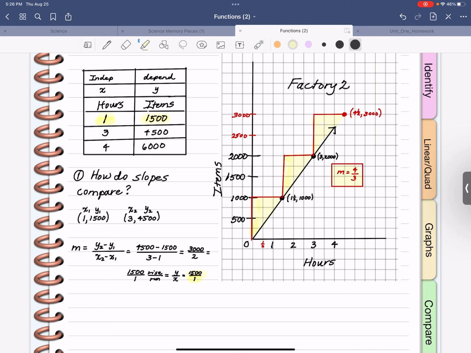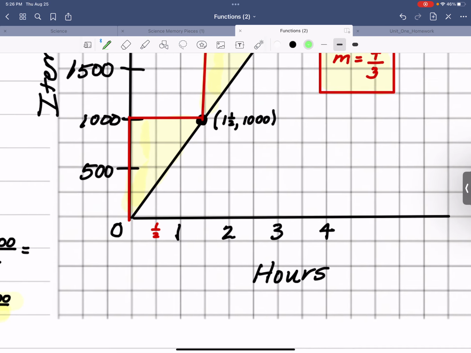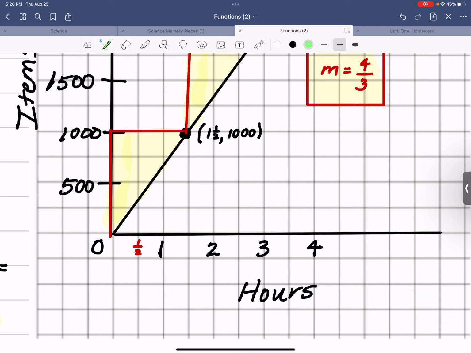Here's something that I would like to know. Since I have this nice graph, let's make good use of it. What happens on this graph when x equals 1?